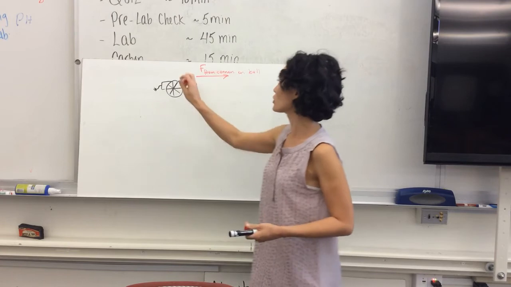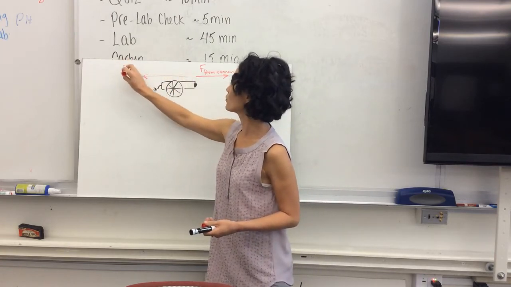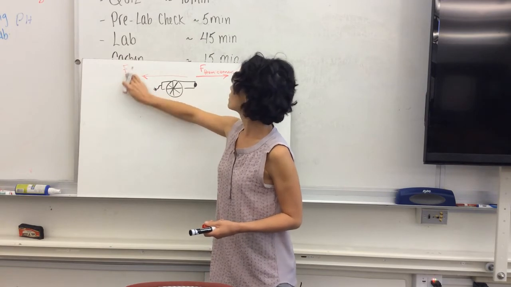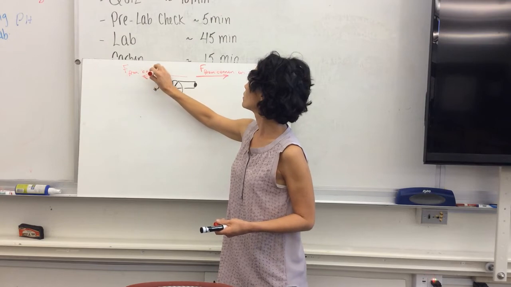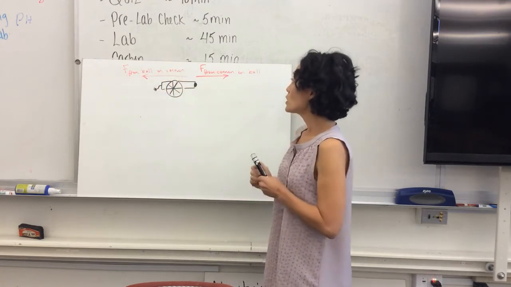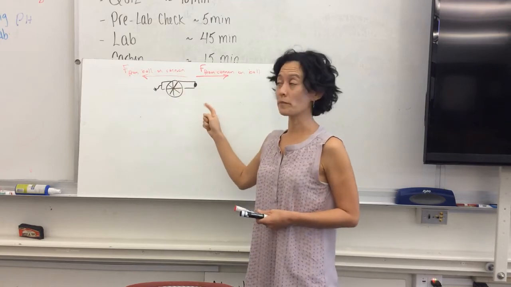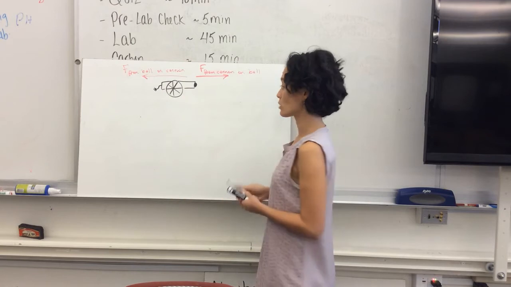And the reaction force is opposite, and it's going to be the force from ball on cannon. So that is Newton's third law played out. Okay, these two are action-reaction forces. They're equal in magnitude, but they're opposite in direction.